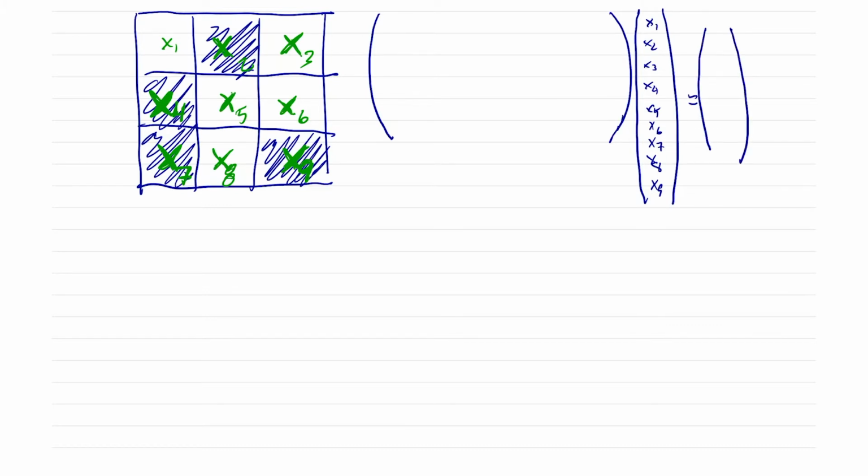Okay, so let's see what happens. If we're summing the first row, we're summing x1, x2, and x3, then as a matrix, that's going to be 1, 2, 3 for x1, x2, and x3. Just put in the columns here, x1 through x9.